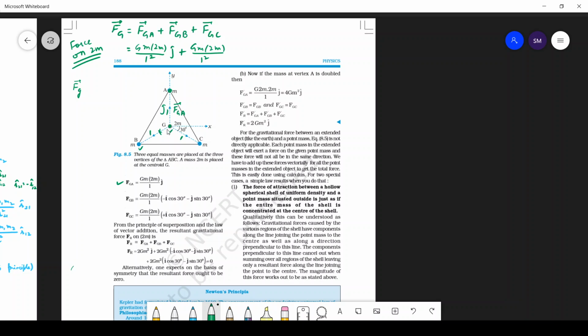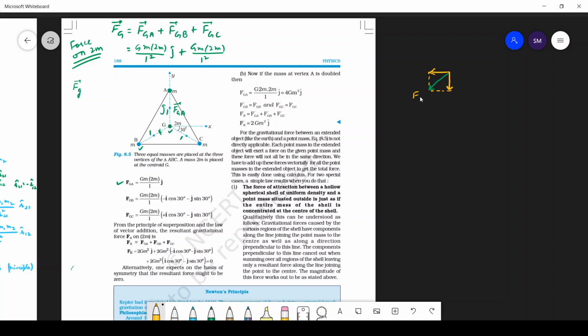So if this is the direction, we have its components along the x-axis and y-axis. So this is its component along the x-axis and this is its component along the y-axis. So which vector was it? See, this is the unit vector.